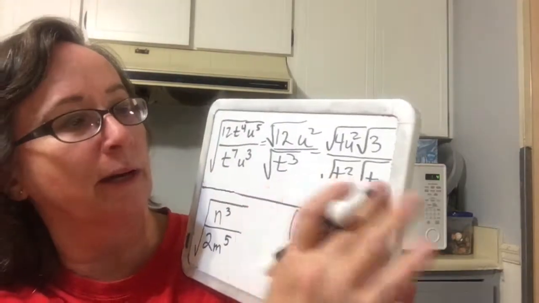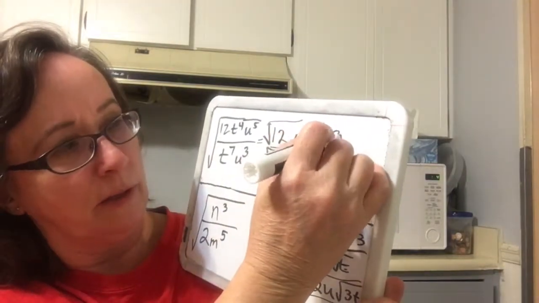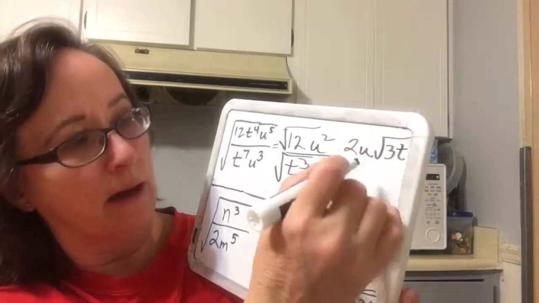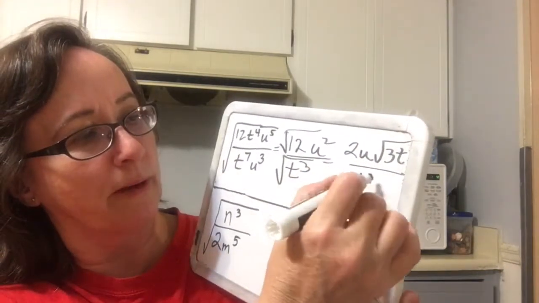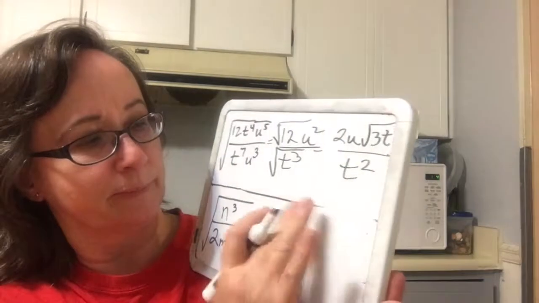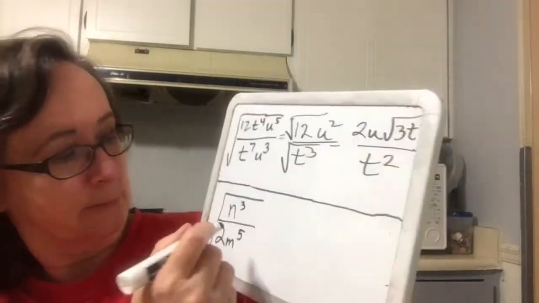Okay, I'm just going to put it right here, and put 2u square root of 3t all over t squared. And then we'll erase all of this and do our last problem here.